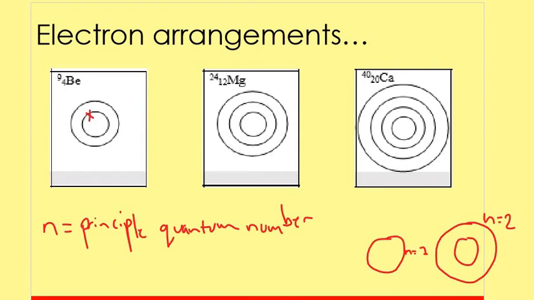At that point, they begin pairing up. So you can see here that beryllium has 4 electrons because it has an atomic number of 4. So that means that we're going to have 2 electrons in this first energy level, and then a further 2 in n equals 2, or its valence shell. Now we can see the electron configuration of beryllium. We can write this in a shorthand like so: 2, 2.